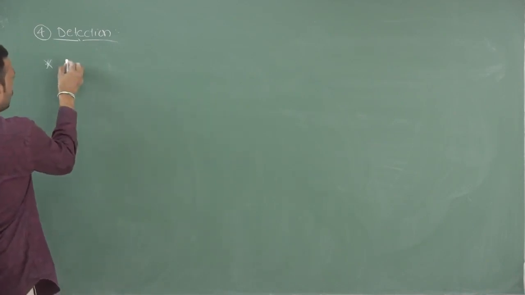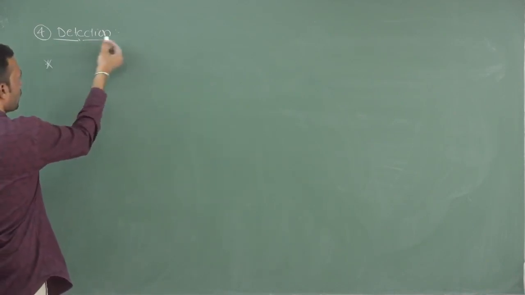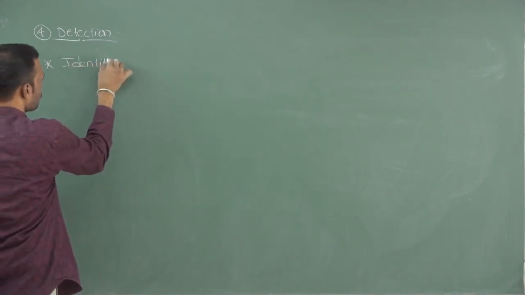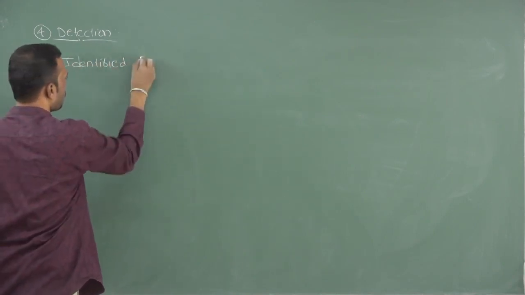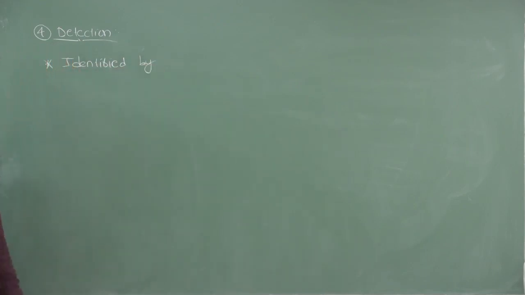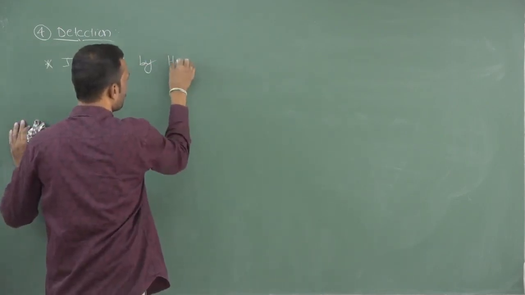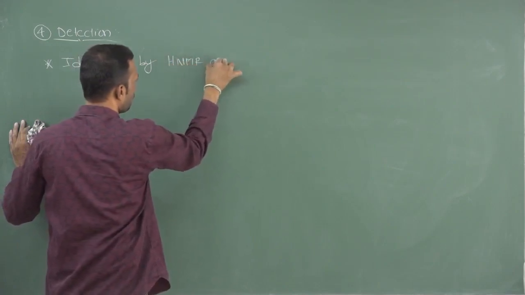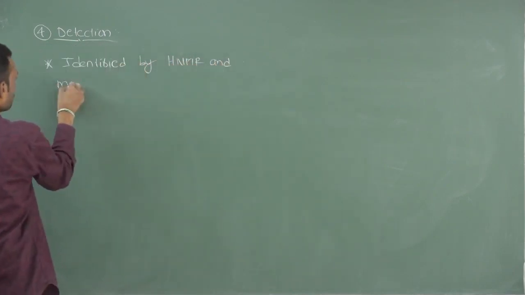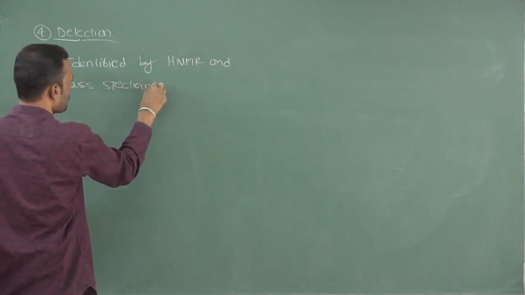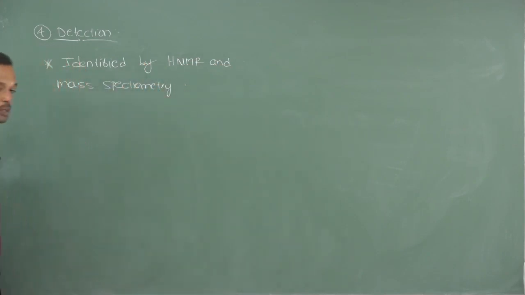See, carbocations are trapped or identified by HNMR spectroscopy, and one more is mass spectrometry. With the help of mass spectrometry and HNMR, we can identify or trap a carbocation.